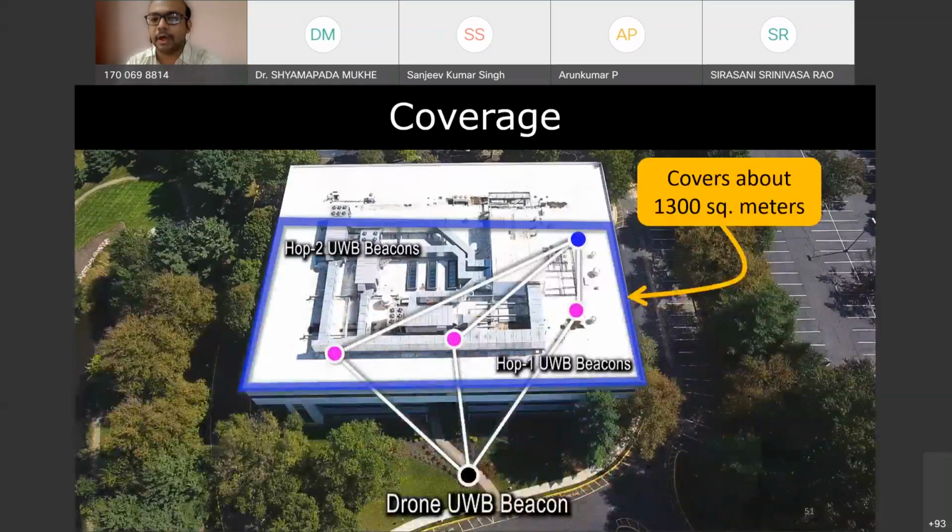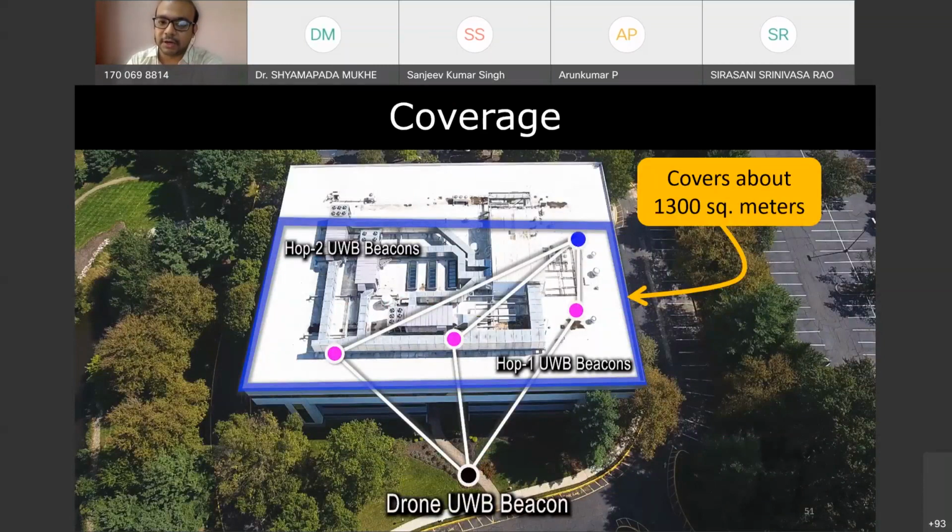And this is a real deployment where we actually tested the solution. The blue and the pink dots are actually inside the building. I've shown them on the roof just to showcase their positions. But as you see, with a single drone flying outside the building, we can cover an area of about 1300 square meters, which is a lot.